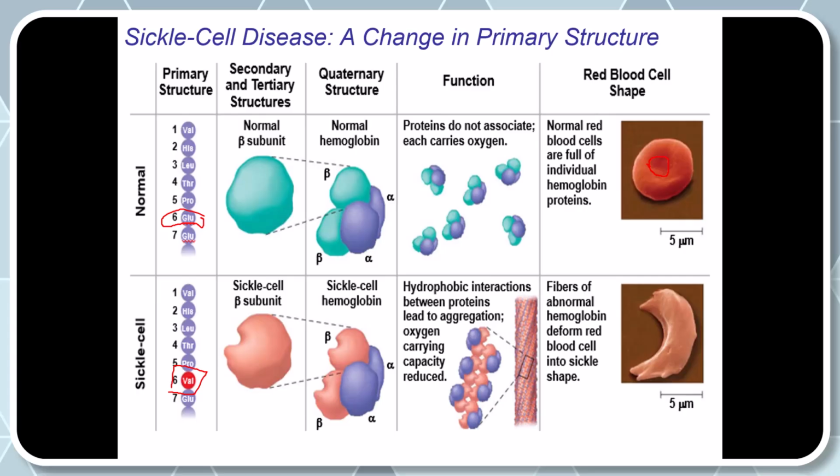Those proteins aggregating together causes the red blood cells to have this abnormal sickled shape, and that can cause problems with transport of those red blood cells through the capillaries, which are those smallest diameter blood vessels.